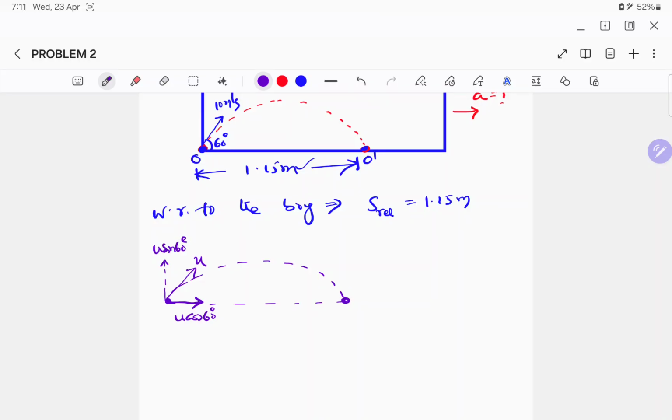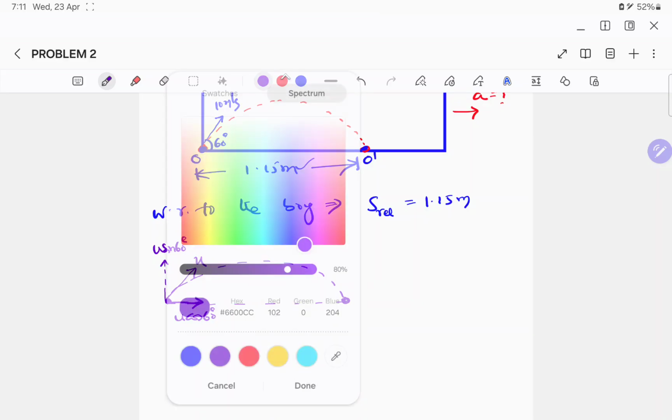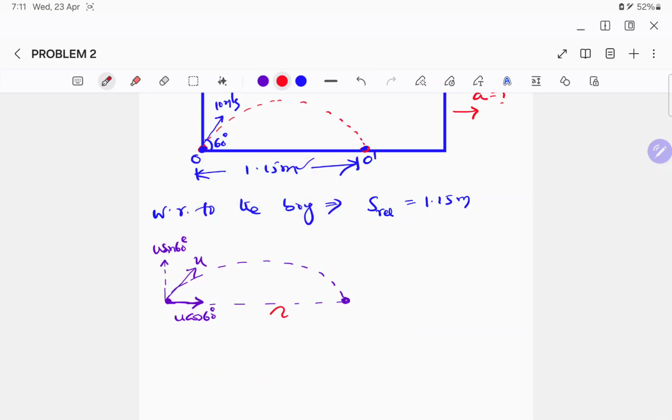If this is the diagram with respect to the ground frame, everyone knows that the acceleration of the projectile along the horizontal direction is 0, isn't it? Because there is no resistance due to the air. It's a well-known idea about the projectile that there is zero acceleration along the horizontal direction.